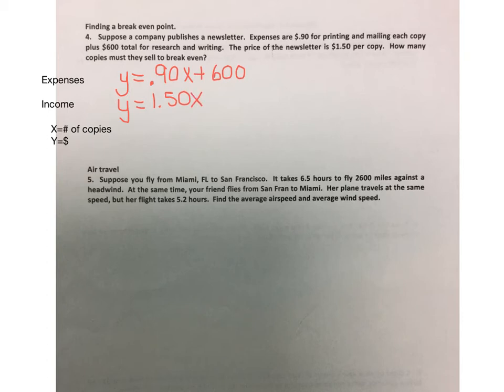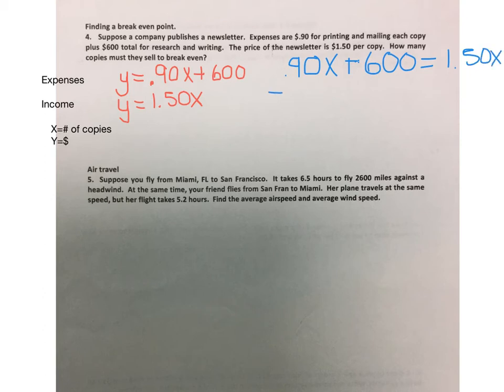Then I can go ahead and we can set this up. I'm going to plug in wherever I see a y. So I'm going to have 0.90x plus 600 equals $1.50x.